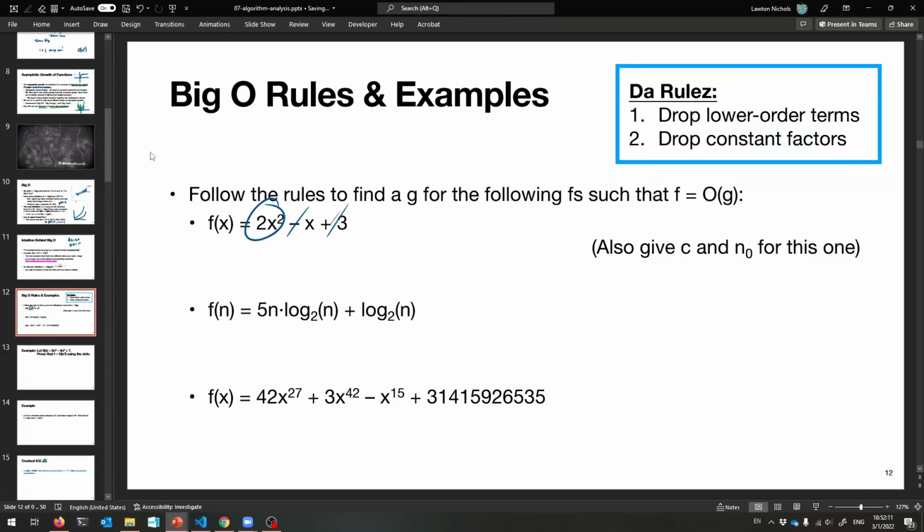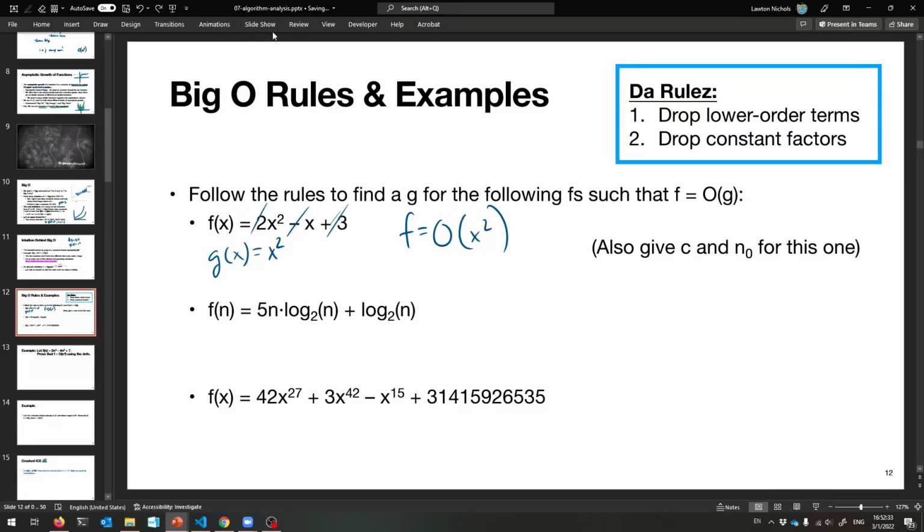Now we just have 2x squared left. And then we drop the constant factors because we can always add them back with our special c value. So then there's that. Okay, so it's just g of x equals x squared. And so f is O of x squared, right? Because the variable being used is x, it's not n.